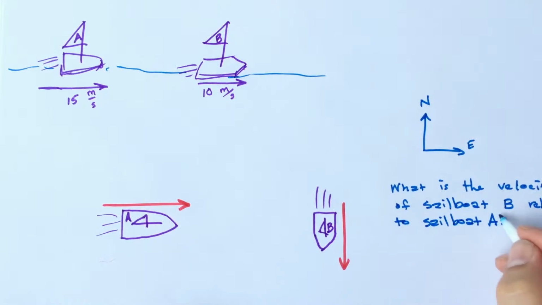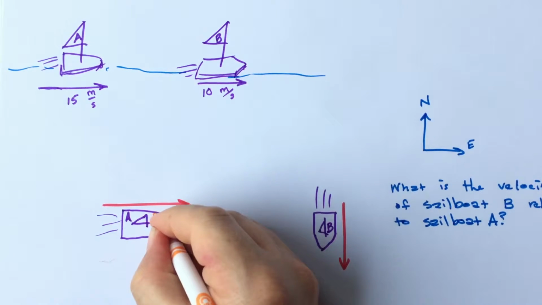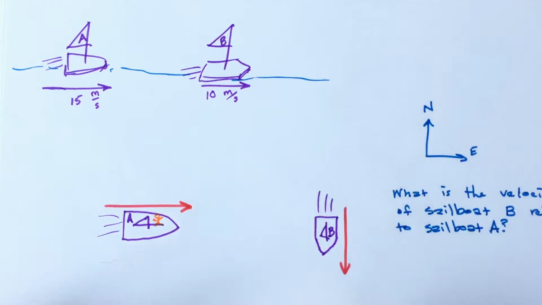And that is to say that what if you were placed here? This is you, right? What if you were placed here on A? Which direction would it look like sailboat B was going? And let's do the math on this.